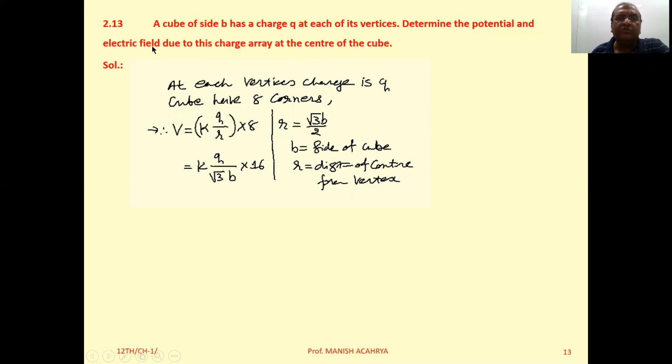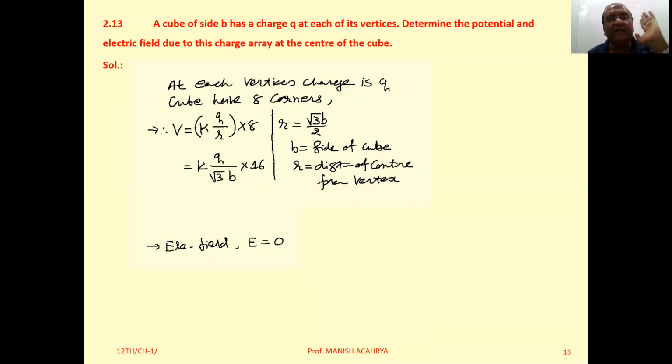Now we want to find the electric field at the center. So the electric field at the center will be equal to 0, because each pair of diagonally opposite charges will cancel the electric field of each other, because due to that particular diagonally opposite pair, the electric field at the center will be equal in magnitude but opposite in direction.